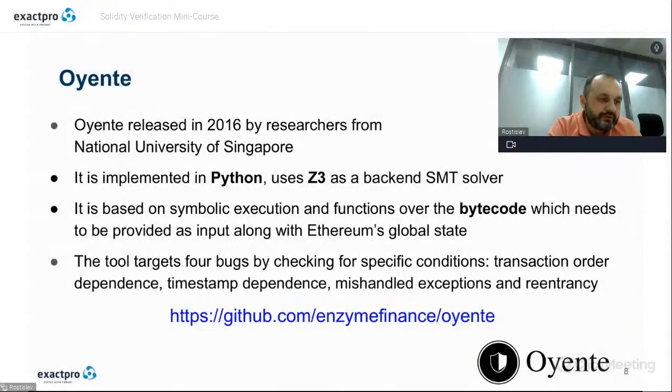Then it requires much more time and resources, because you need time to formalize your business logic and then maybe apply formal verification to it. This is a different scenario.